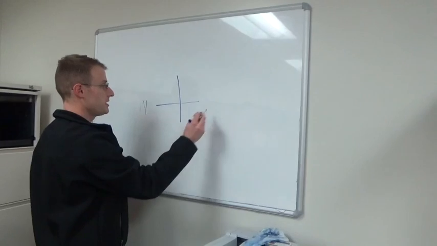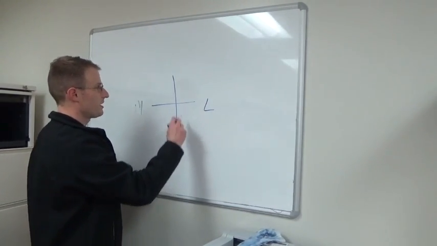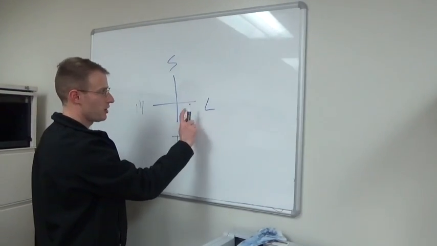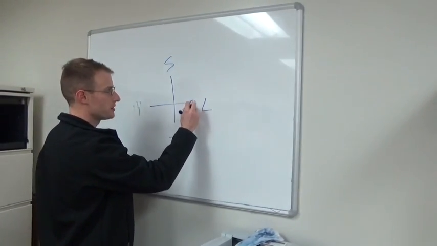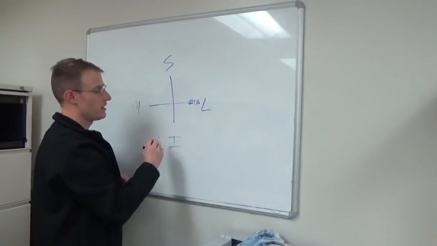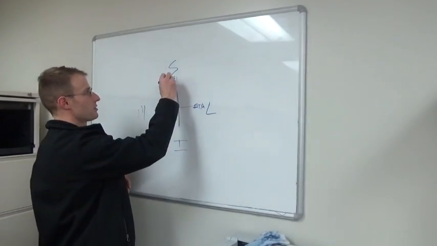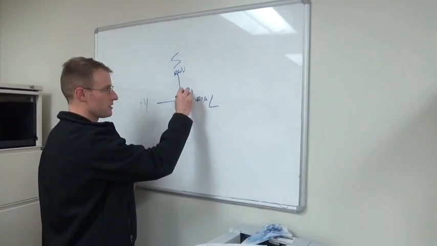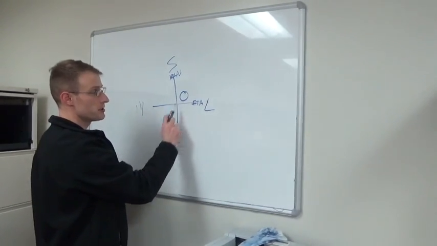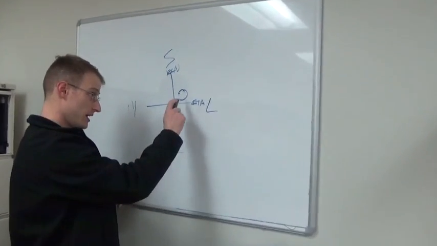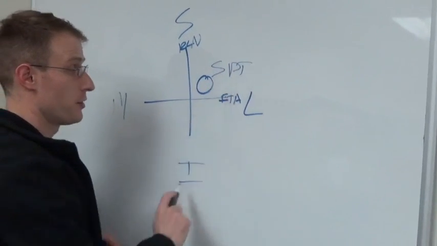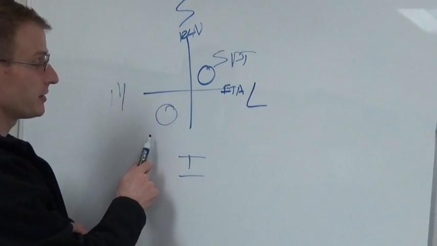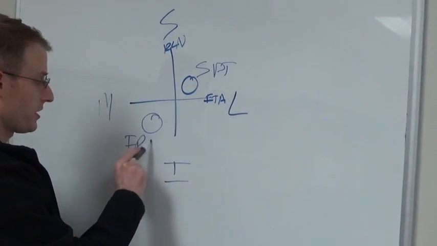So assuming this is medial and this is lateral, this is superior and this is inferior, your horizontal element is going to be your inferior thyroid artery, and your top to bottom is going to be your recurrent laryngeal nerve. Lateral to your recurrent laryngeal nerve and superior to your inferior thyroid artery is your superior parathyroid. Medial to your recurrent laryngeal nerve and inferior is your inferior parathyroid.